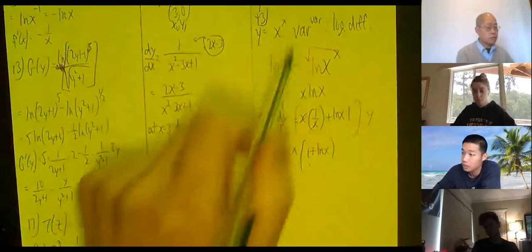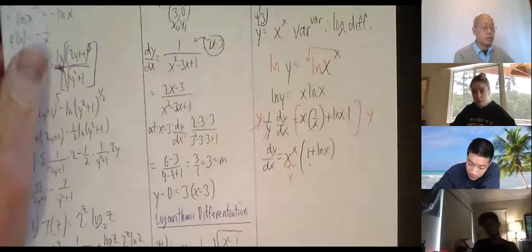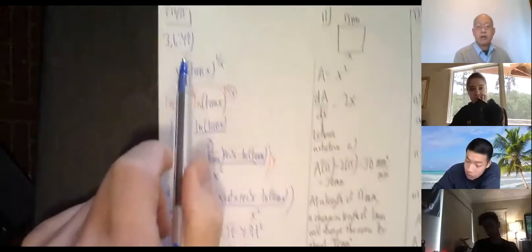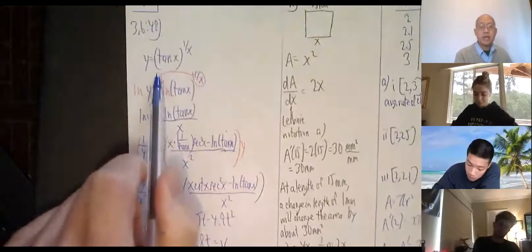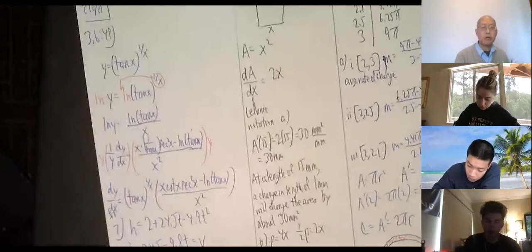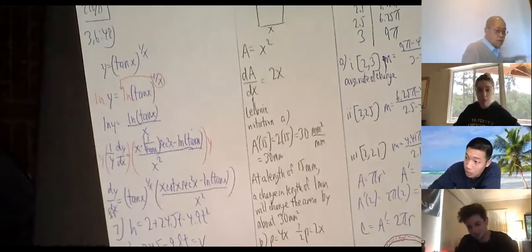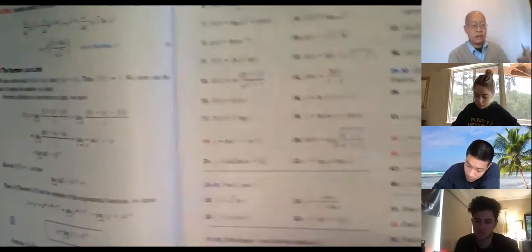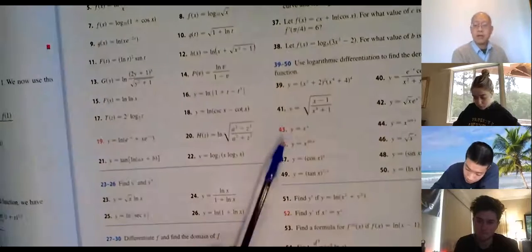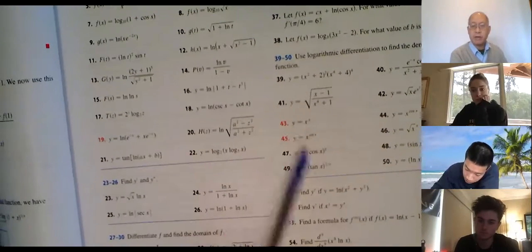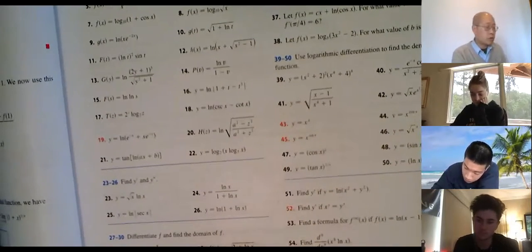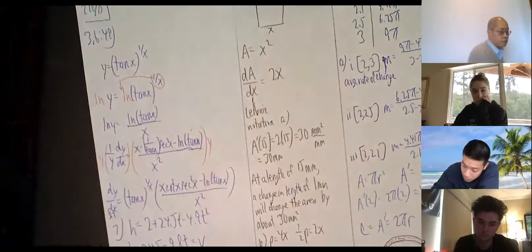All right, so I'll show you some more of this logarithmic differentiation, and then I'm pretty much done. Okay, 49, tangent of x raised to the 1 over x. So all of these problems at the very end look like a variable raised to a variable, right? So all of these, you'd have to do this logarithmic differentiation.